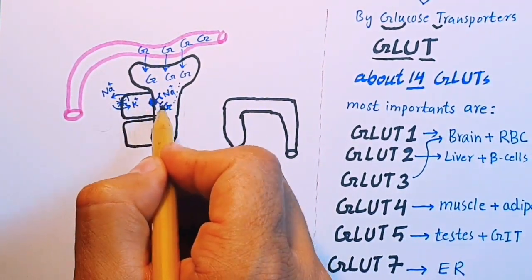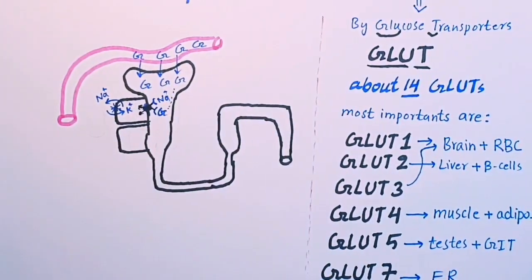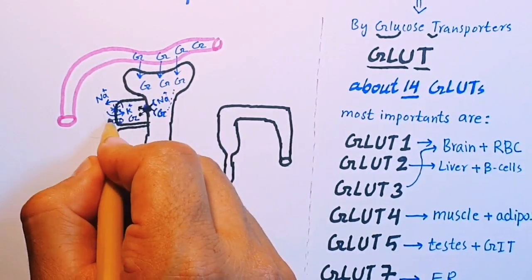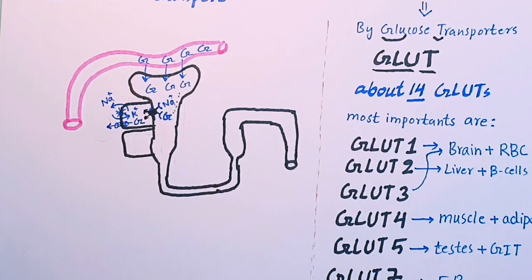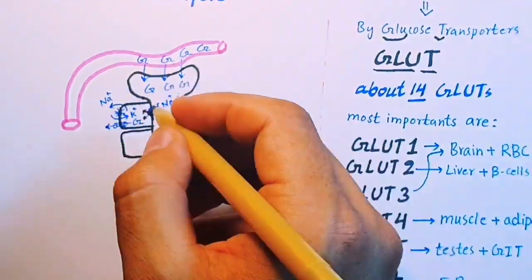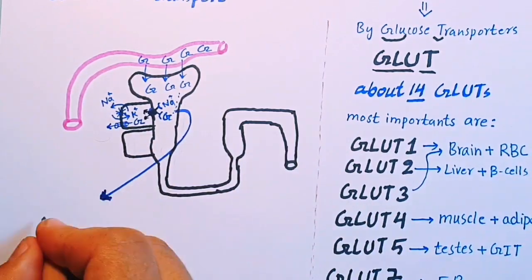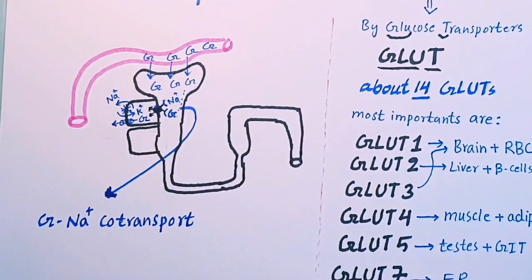And glucose, after entering the cell, has special transporters in the basolateral membrane, and from here it enters the other tissue. So this process, the sodium glucose cotransporter, is the result of active transport by sodium potassium ATPase.